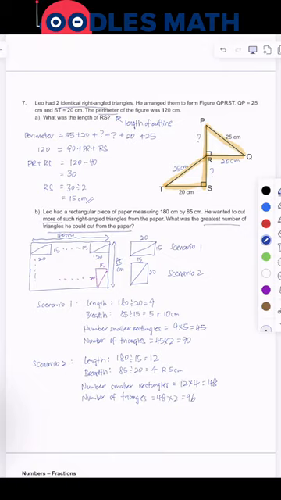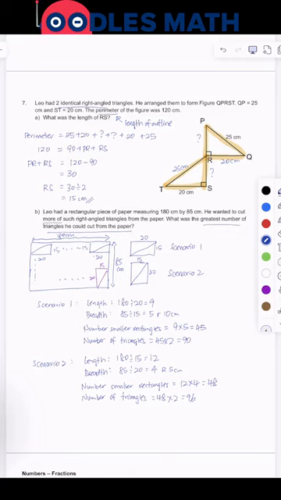Now let's compare scenario 1 and scenario 2. The number of triangles in scenario 1 is 90. So if I place it that way, I can cut out 90 triangles. But in scenario 2, if I place it this way, I can actually cut out 96 triangles.